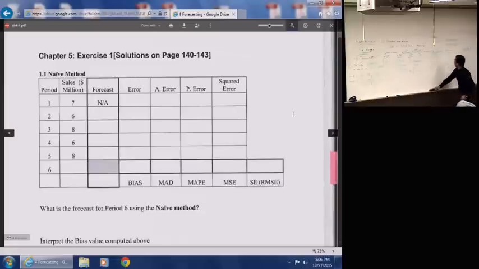It might not sound intuitive, but the formula for R-squared is 1 minus sum of squared errors over sum of squared total.